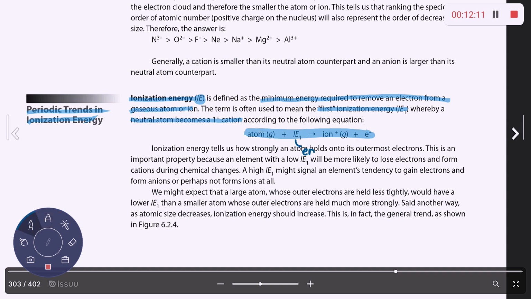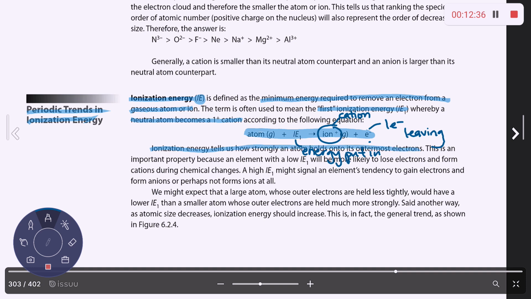This is the energy that you put in to remove that 1 electron. This is that 1 electron leaving. And then this right here is the cation that you form when you remove that 1 electron. Ionization energy tells us how strongly an atom will hold on to its valence electrons.